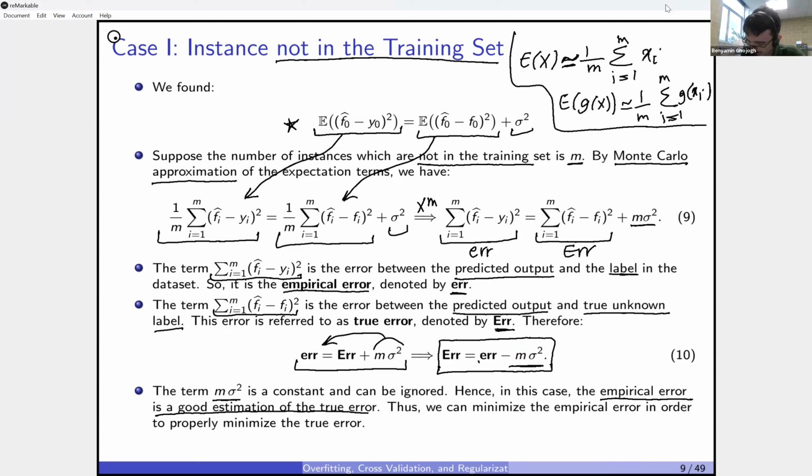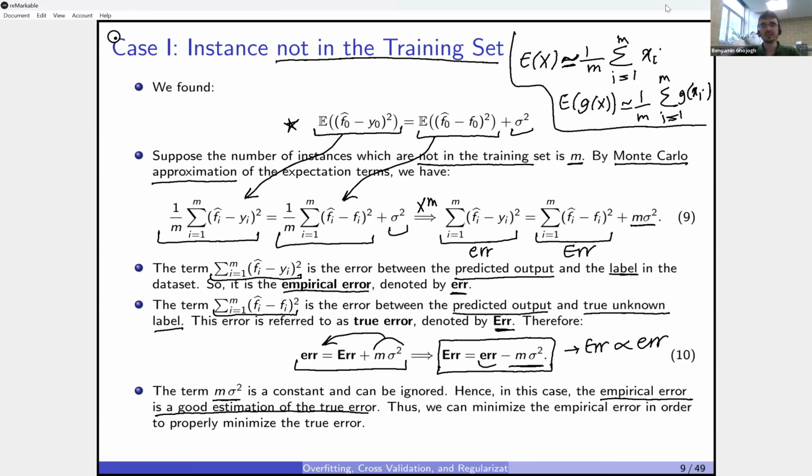So we can say in this case, the empirical error is a good estimation of the true error when the data point is not in the training data set. That's why we can trust the test error. Whenever we report the test accuracy or the test error, we trust it in our experiments and in industry, because we know that it wasn't used in the training set, and it's also a good estimation of the true error, right?